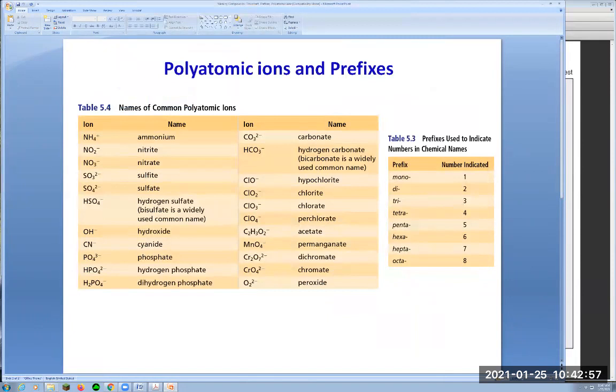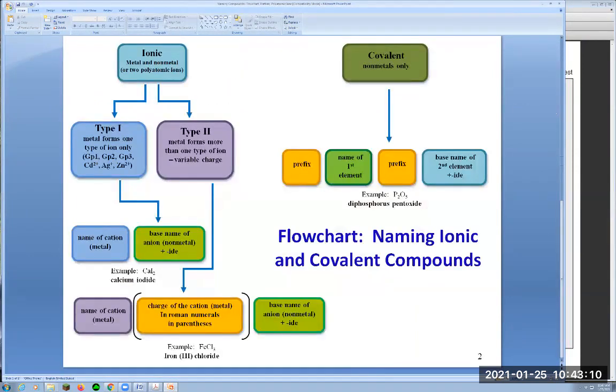And then you have the table of the prefixes to the right. That's for naming type 3 compounds, which are made of non-metals only. And then the second page here is a flowchart to help you use a systematic approach when you are trying to name compounds.